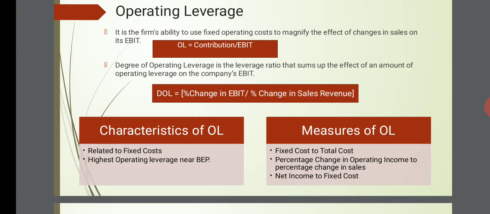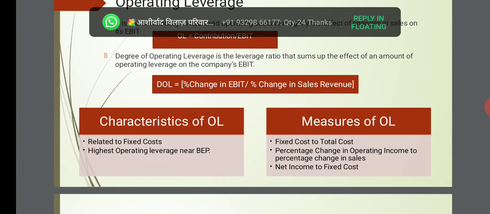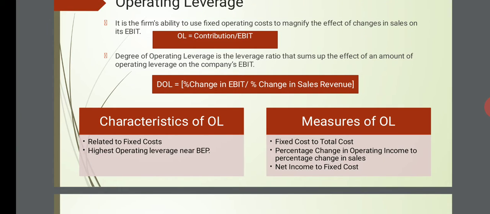Operating leverage is contribution upon EBIT. Contribution minus fixed cost is equal to EBIT, and operating leverage is contribution divided by EBIT. So we are trying to calculate the ratio of profit before fixed cost and after fixed cost, and fixed cost represents operating risk.